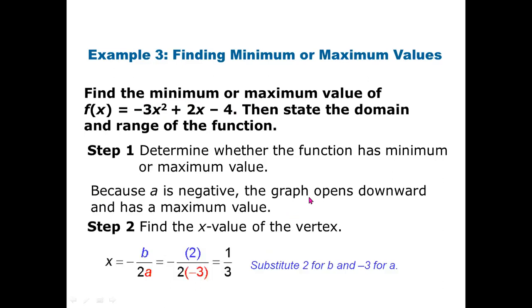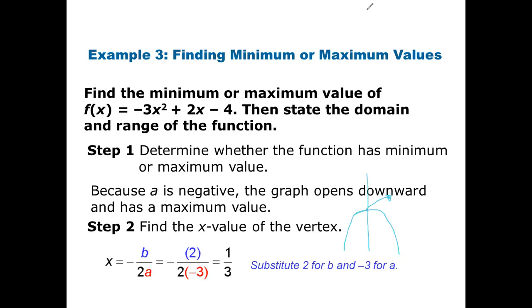How do we find the vertex? Take note, the vertex is the meeting point of the axis. For example here, the maximum point is here, so this will be the vertex, the meeting point at the highest or maximum value.